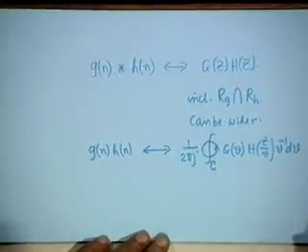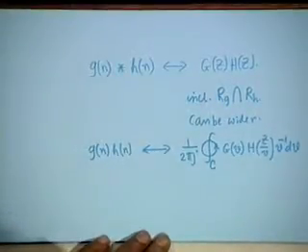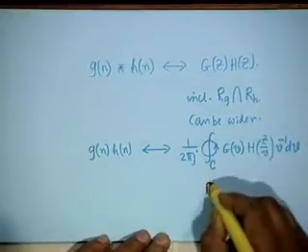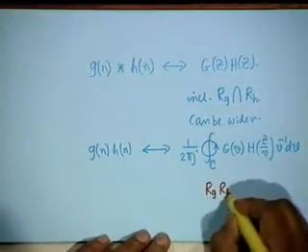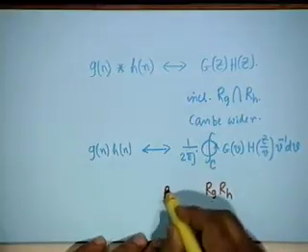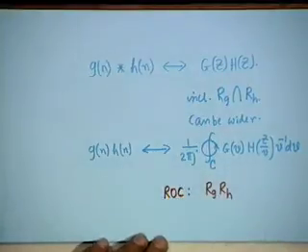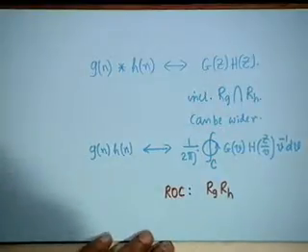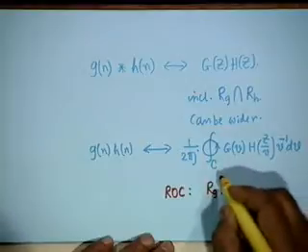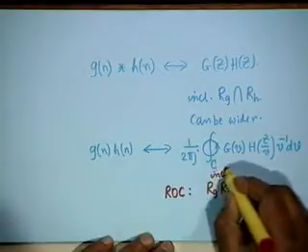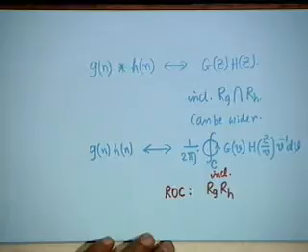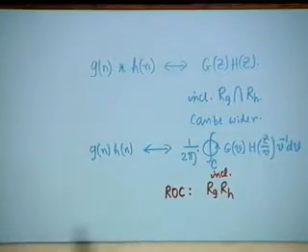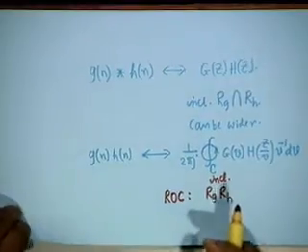Obviously, the ROC is the product RgRh in the sense that we have defined it, but again it includes this. It can be wider than this because there can be cancellations. So, it includes RgRh, but it can be wider.